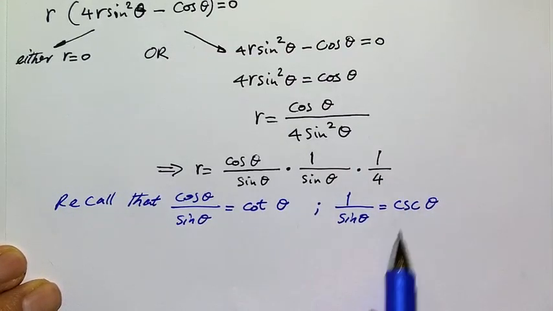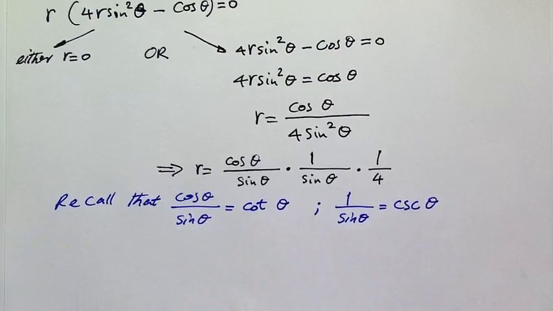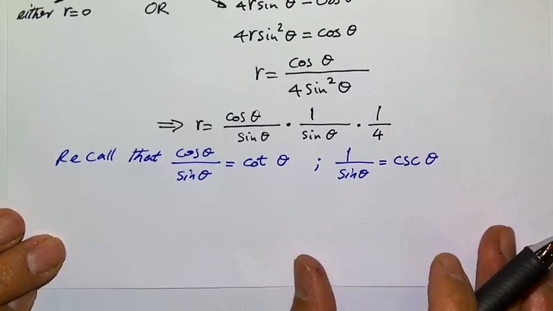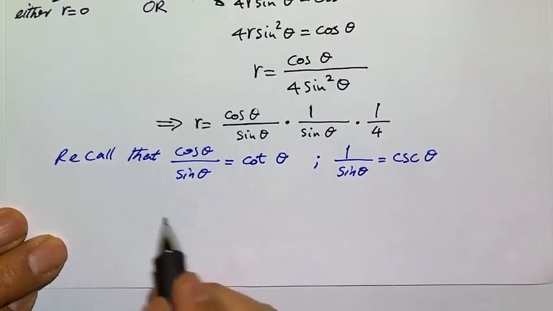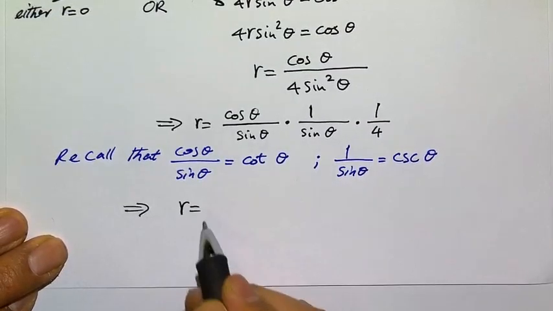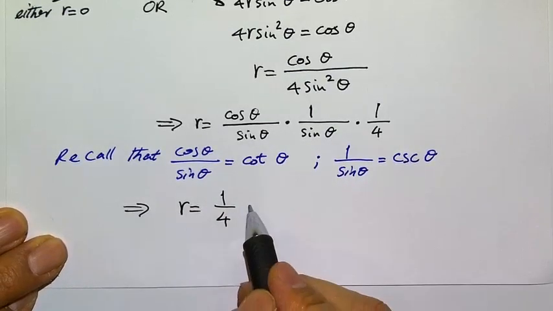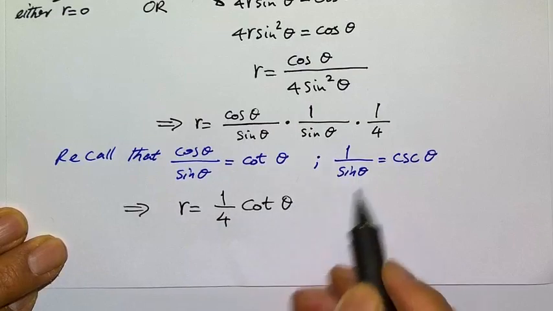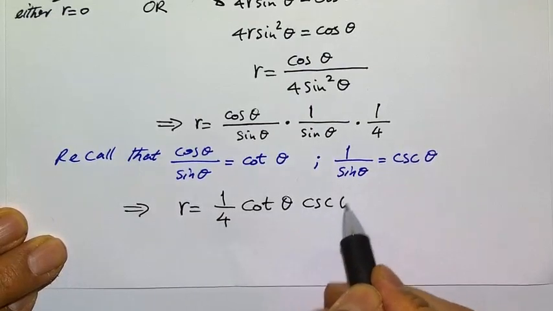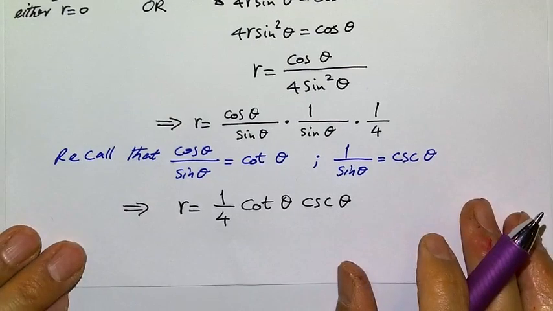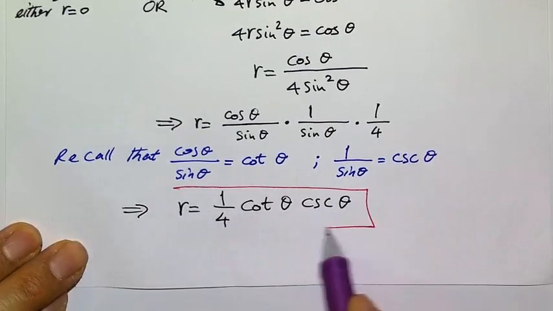We know that. So let's replace what we have, and I'm going to put this 1/4 at the beginning. So we have r equals 1/4 cotangent of theta times cosecant of theta. Okay, so this would be our polar equation right there.